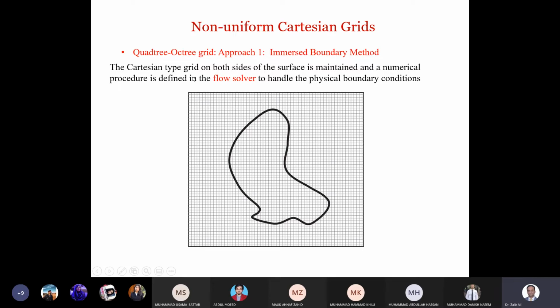In the flow solver, some specific numerical procedure is defined which handles the physical boundary conditions. So what does it mean? It means that the meshing is relatively simple, but then to account for the presence of this boundary, you make special treatment in the flow solver itself.